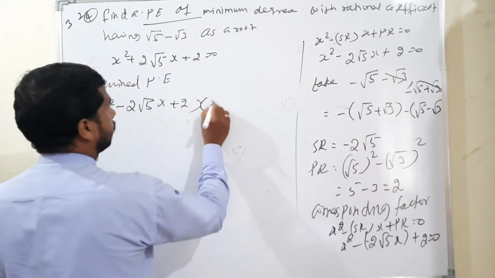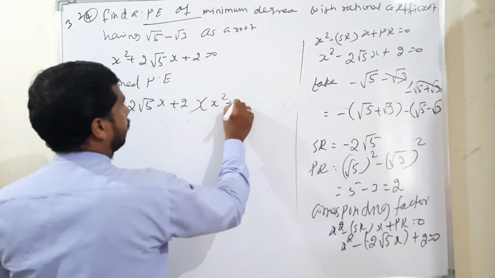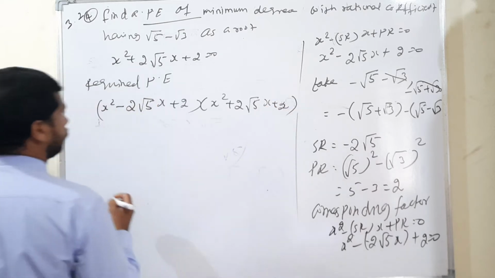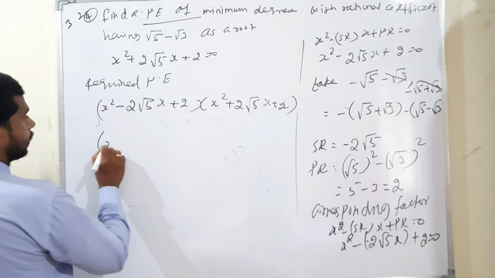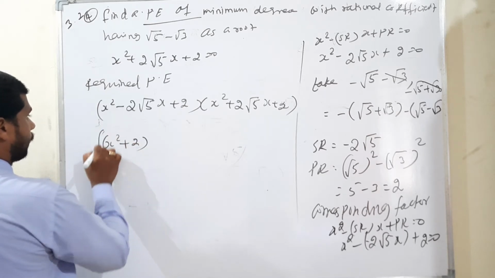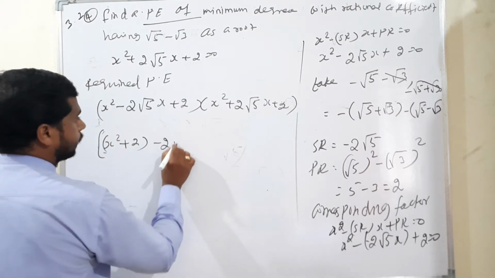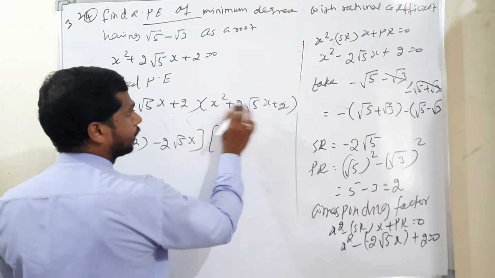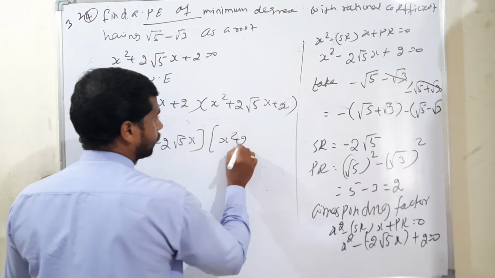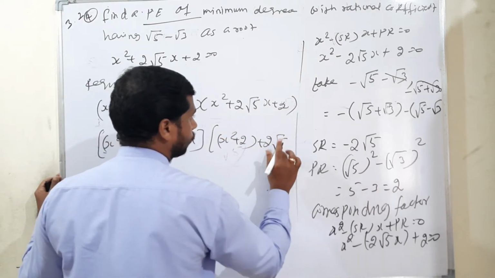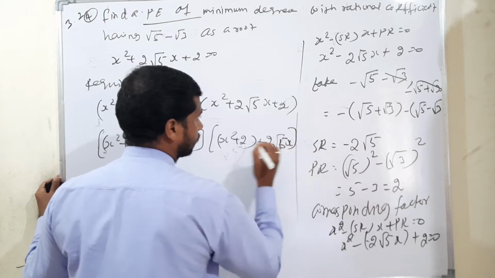The next condition is x square plus 2 root 5x plus 2. Now equating, x square plus 2 is one of the terms, and the next one is minus 2 root 5x. In the next condition also, x square plus 2 we can group first, and the second one is plus 2 root 5x.